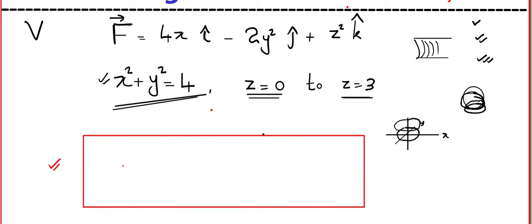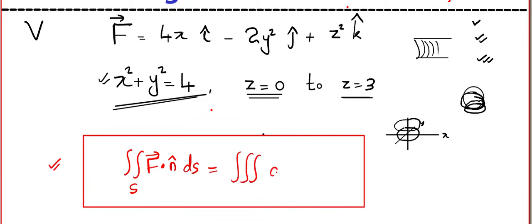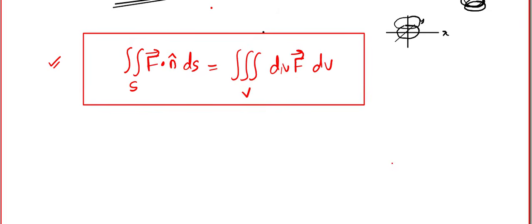Okay, anyway, by Gauss Divergence Theorem, double integral f dot n ds, that is a surface integral, will be equal to triple integral divergence of f dv, that is the volume integral. So this is what I told you earlier.